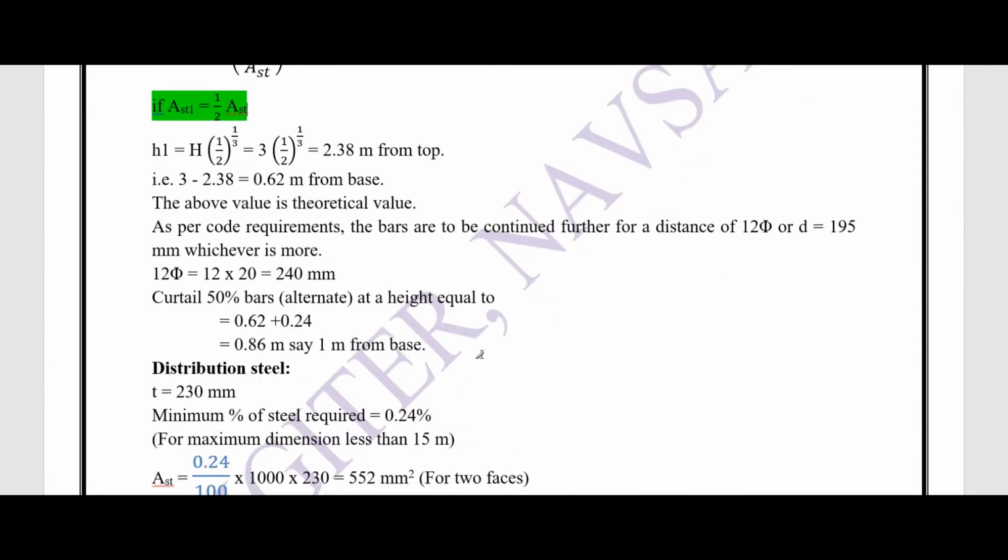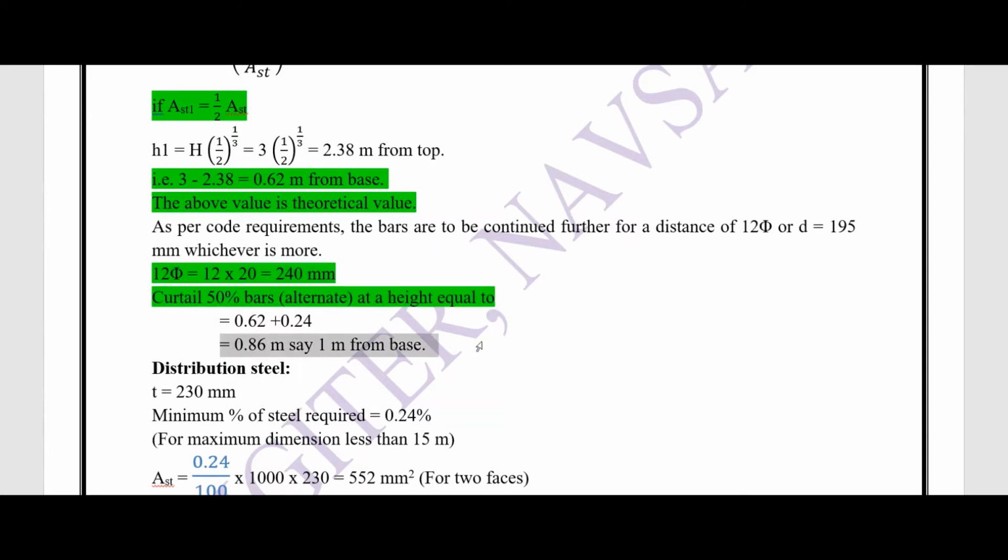After the calculation, we found the height is 0.62 meter from the base, and by the development length we provide 240 mm extra length of the 50% curtailment bar. So overall length is 1 meter from the base. Now we have to provide distribution steel.